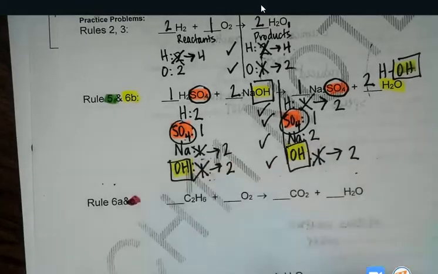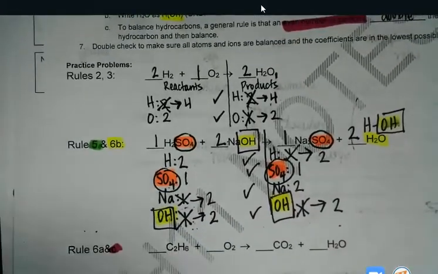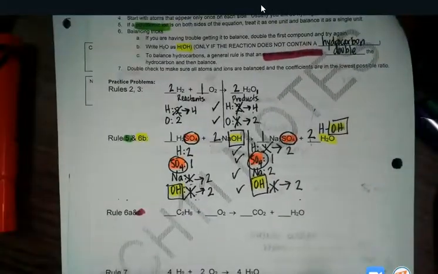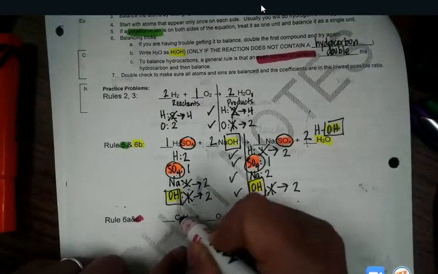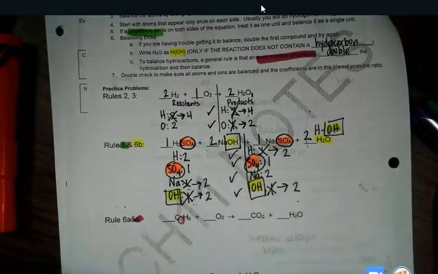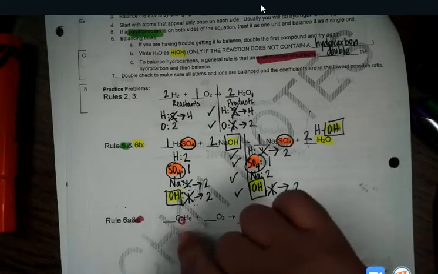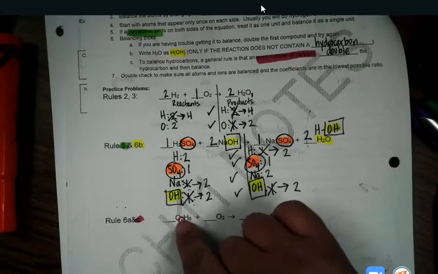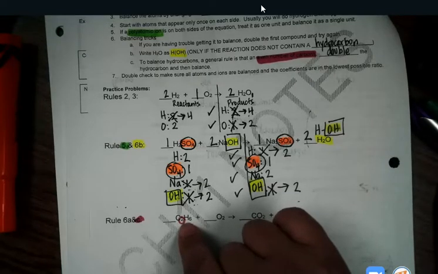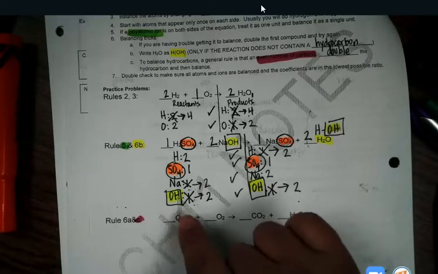So I'm going to look at that one, right? If I have an even number of carbons, do I have an even number of carbons here? Yes. And so the trick is, if this were 1 or 5 or 7, I wouldn't want to do this trick. But because it says, do I have an even number of carbons in a hydrocarbon?